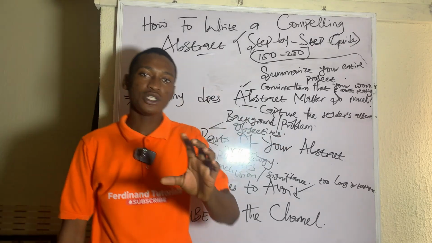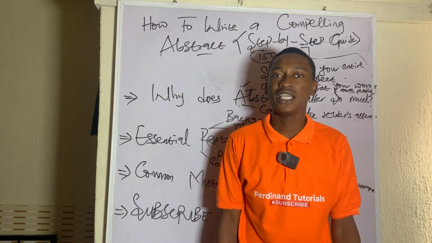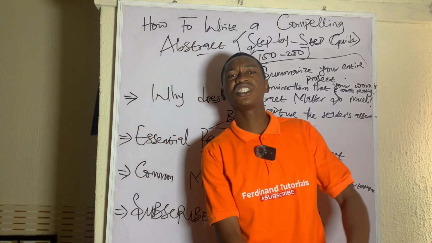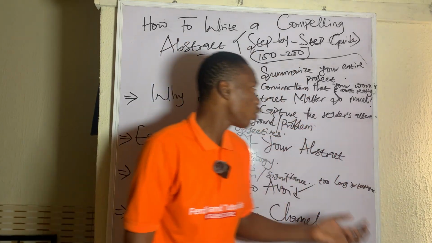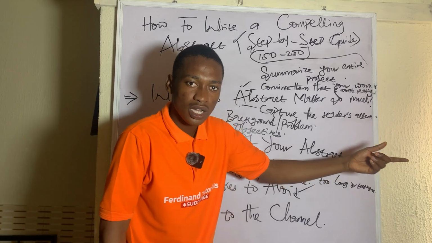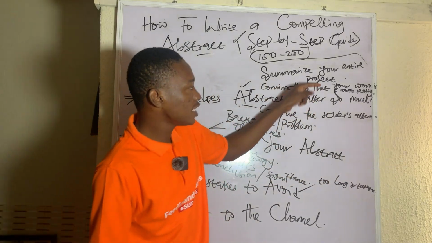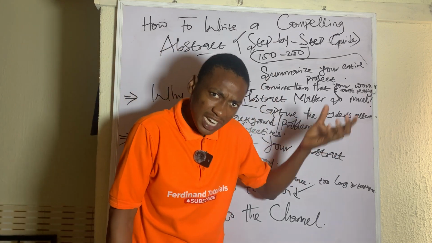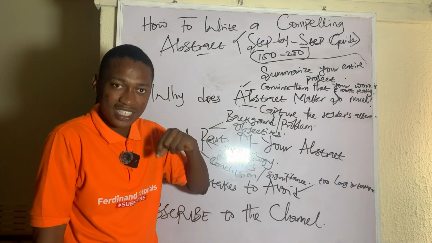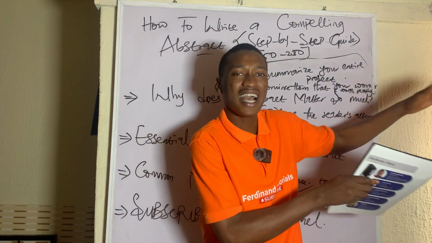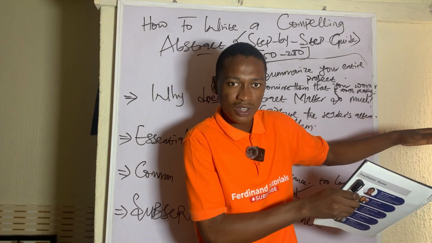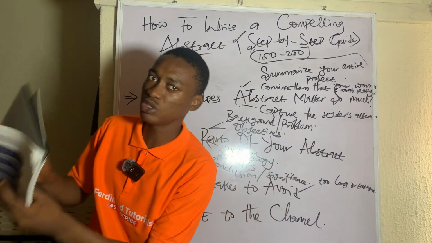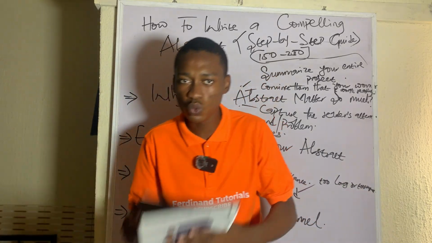Why I say you should keep it as the last thing is because in that scenario, you would have already written everything, and you can summarize a work that communicates what you have in mind and convinces the reader that this particular work is worth reading. So write your abstract as the last thing. I'm not saying you should put your abstract as the last page. No. Let it be the last thing you will ever do in your work.